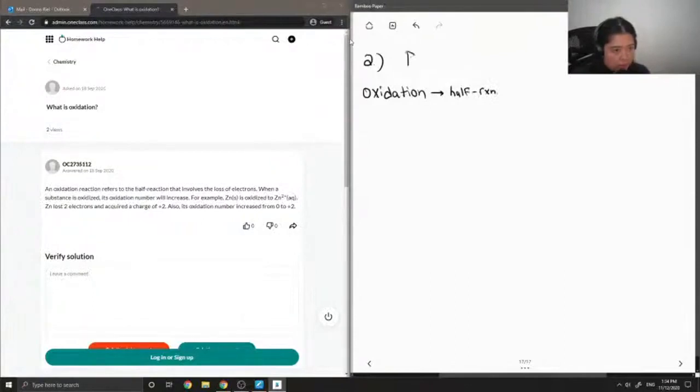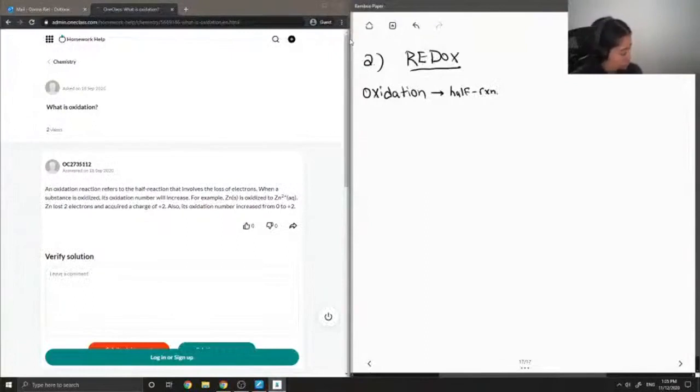Meaning when you have a redox reaction, which is the full reaction, oxidation is one of the half reactions, whereas reduction is the opposite of oxidation.